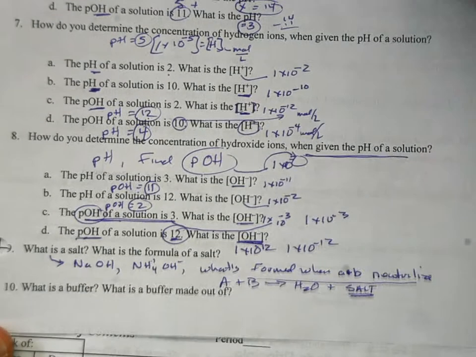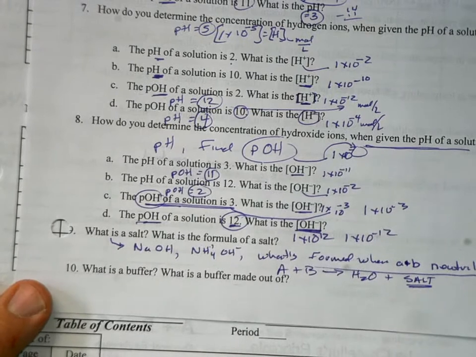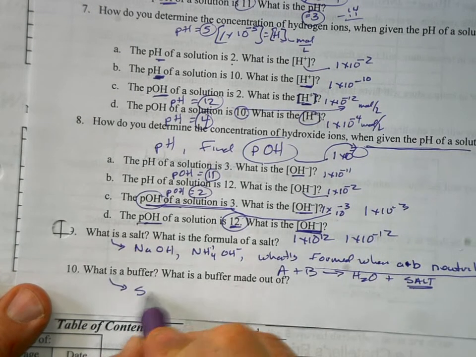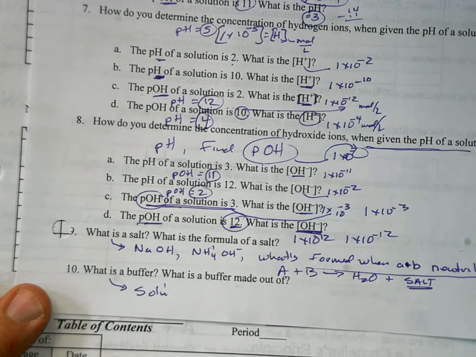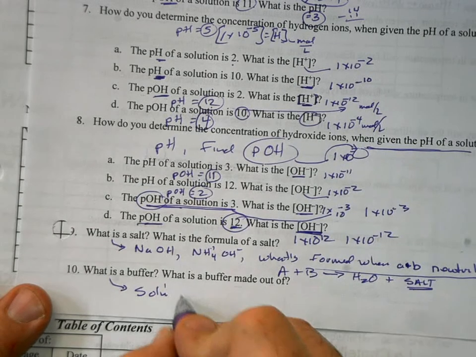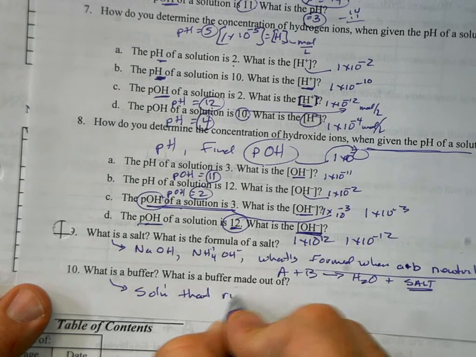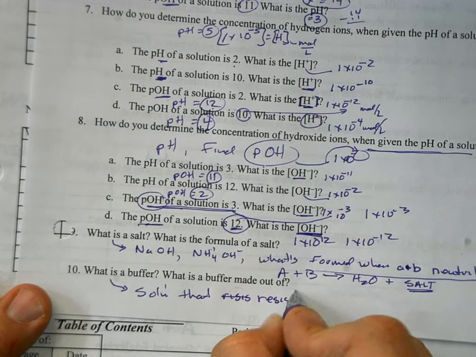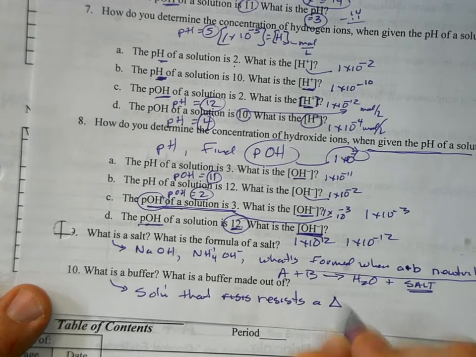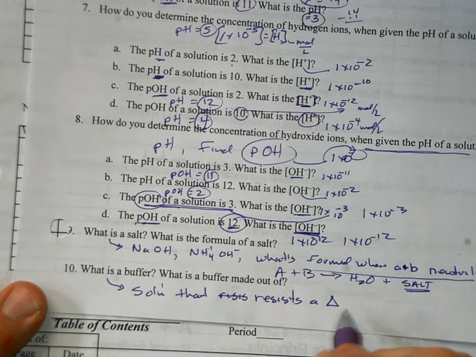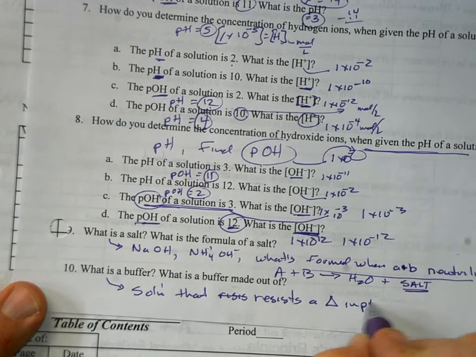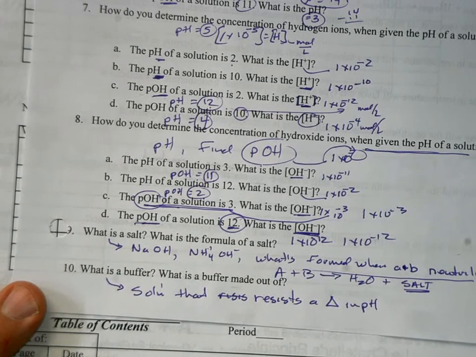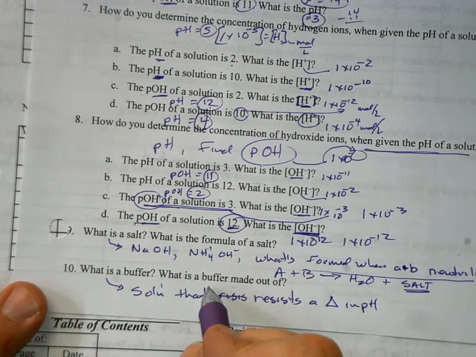What is a buffer? A buffer is a solution that resists a change in pH. Delta is change in the science world. So buffers are chemicals that try to keep the pH the same. What is a buffer made out of?